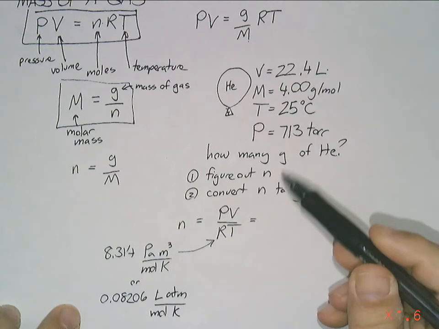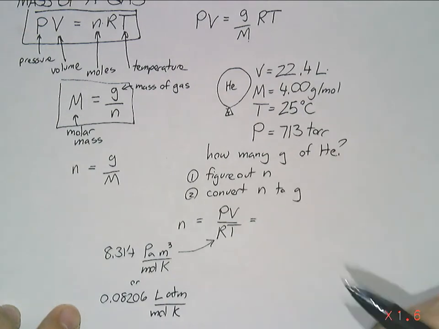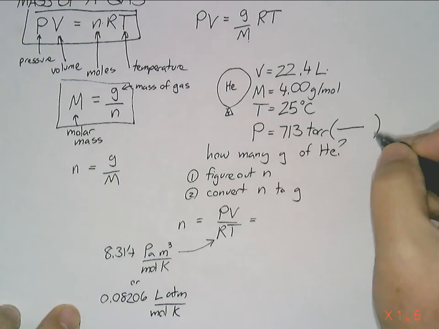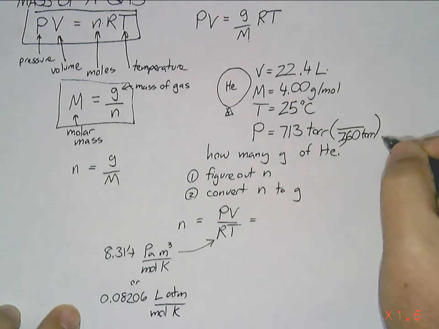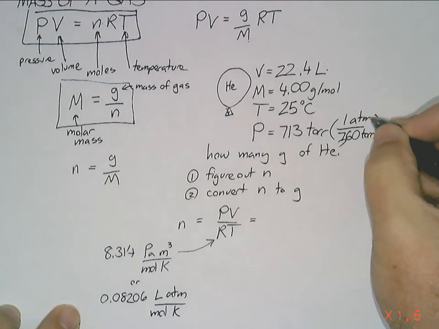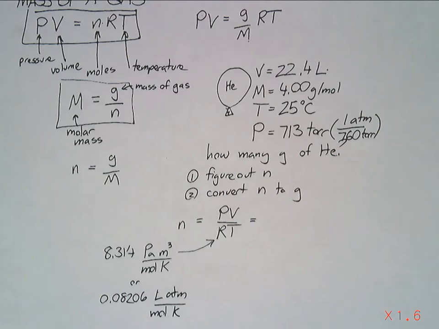I've got to put my pressure into atmospheres before I plug it in, though. So let's change it into atmospheres. There was a conversion factor you had to know for converting torr into atmospheres. So it'd be 713 divided by 760. So let's see, what is that? It's 0.938.